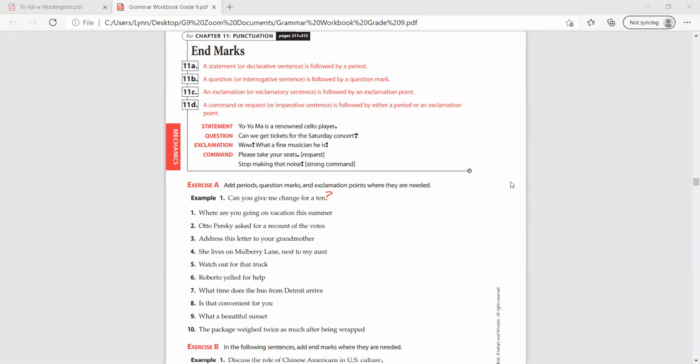Roman troops invaded Britain in 54 BC. B period C. Yes. By AD 809, Baghdad was already an important city. A period D period. Yes.